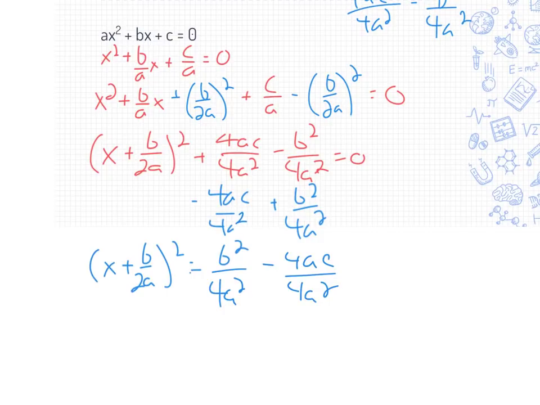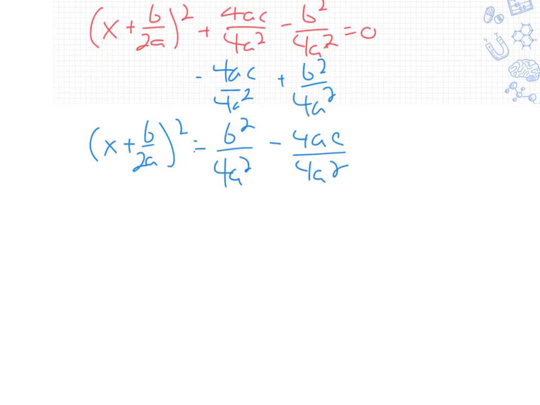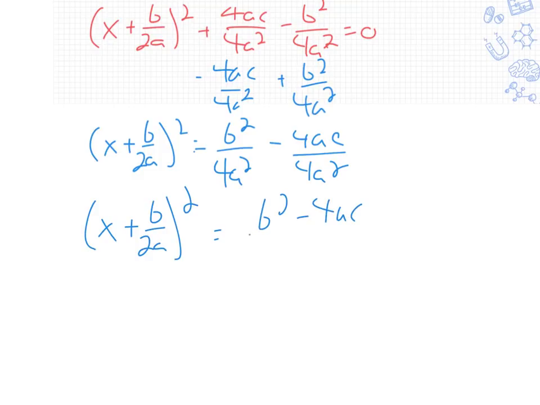And then from there, we can combine that. I know we wanted to combine it earlier, or I talked about it, but it's easier just combining on this side. So then we get b squared minus 4ac all over 4a squared. Then we want to take the square root.